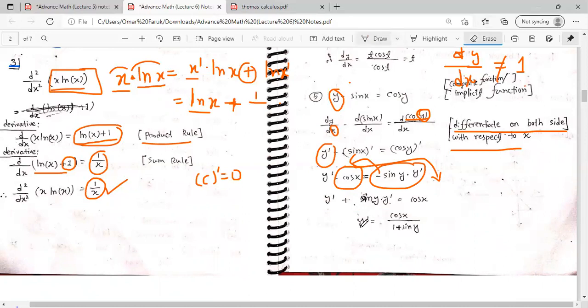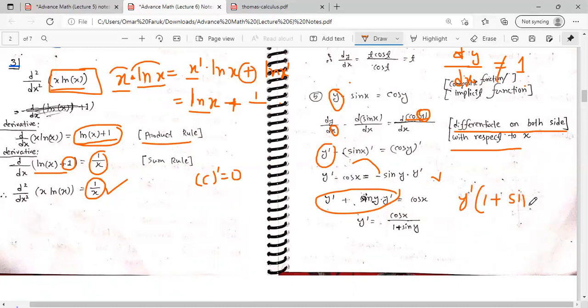Put y derivative on the left side, and take y derivative common. So it will make y derivative into 1 plus sin y is equal to cos x, right? So now take this down here. It will make cos x by 1 plus sin y.